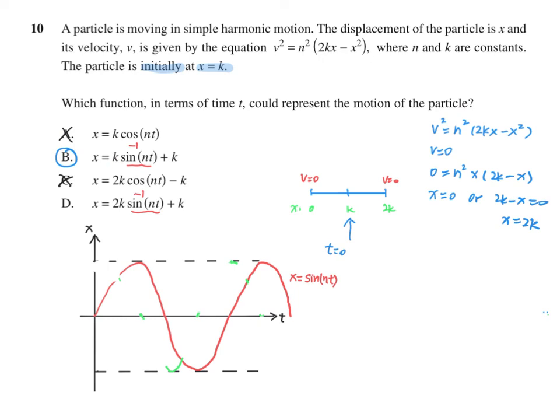Minus k plus k equals 0, displacement equals 0, which satisfies our condition in this question. But for option D, when sine equals -1, it's minus 2k plus k. The displacement of this function would be located at minus k instead of the origin 0, which again confirms D is not your answer.